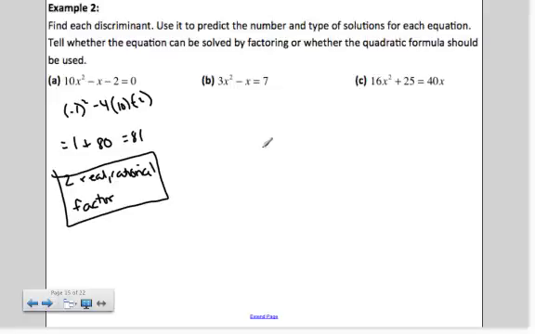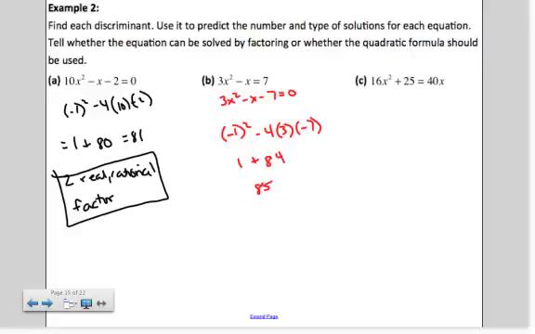All right. Okay, let's try B. B says 3x squared minus x minus 7 equals 0. b squared is negative 1 squared minus 4 times 3 times negative 7. Well, that's 1. 3 times 7 is 21 times 4 is 84.